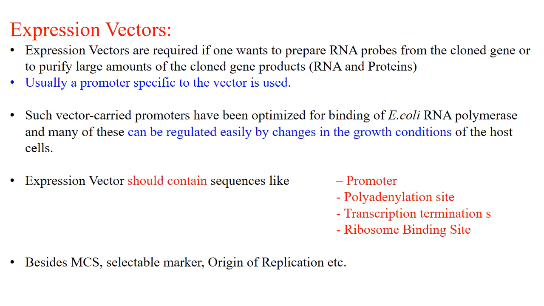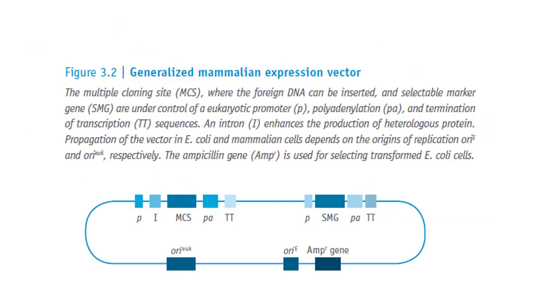That is important. Expression vectors should contain sequences like promoters, polyadenylation site, transcription termination site, and ribosome binding sites. Besides, there will be MCS, selectable marker, origin of replication, etc., which we can see here.